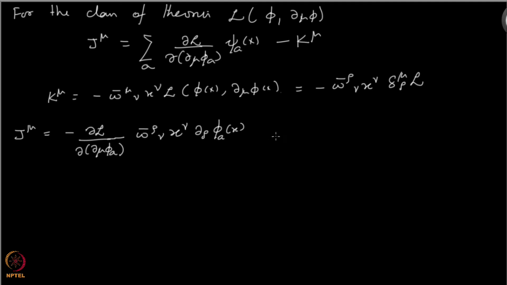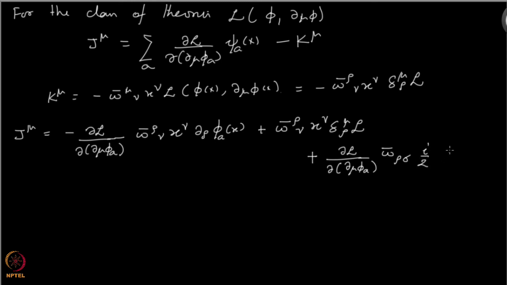Then plus omega bar rho nu x nu del mu rho times the Lagrangian density, plus the derivative of Lagrangian density with respect to del mu phi A. Then you have omega bar rho sigma I over 2 sigma rho sigma a b phi b of x.